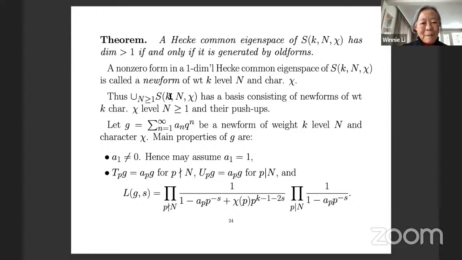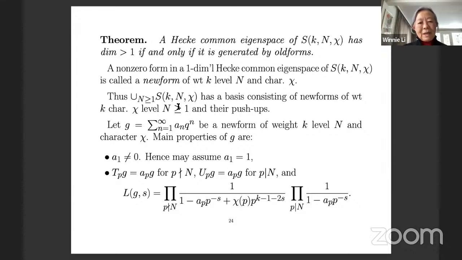From this point of view, if we lump together all the levels N with a fixed k and χ, this big space has a basis consisting of newforms with weight k, character χ and all kinds of levels, as well as their push-ups.